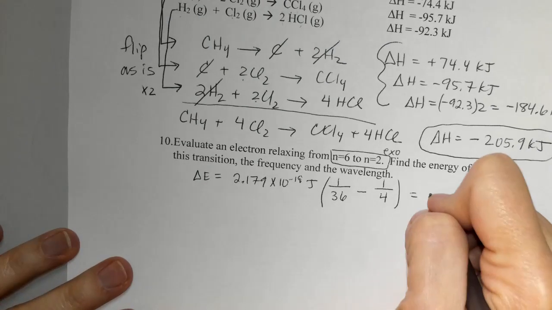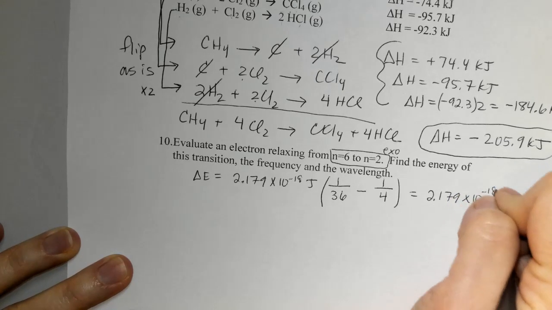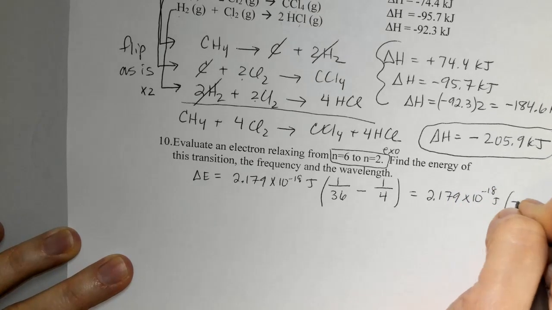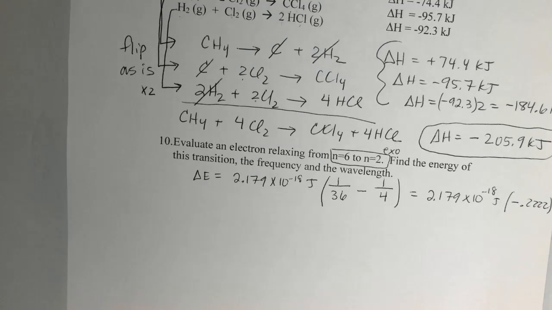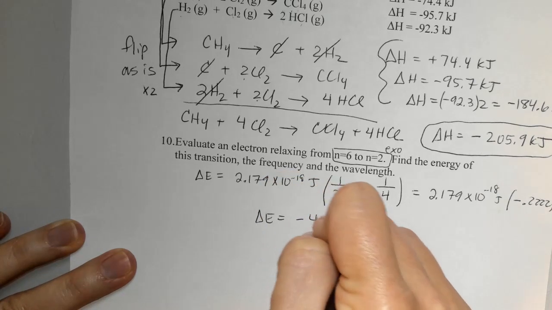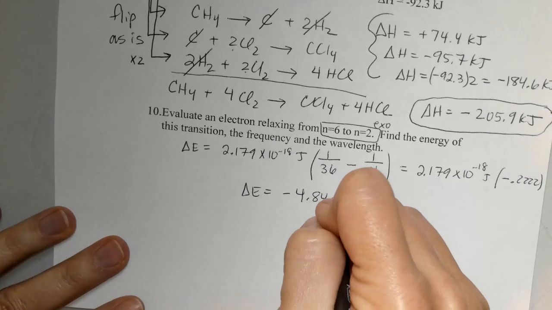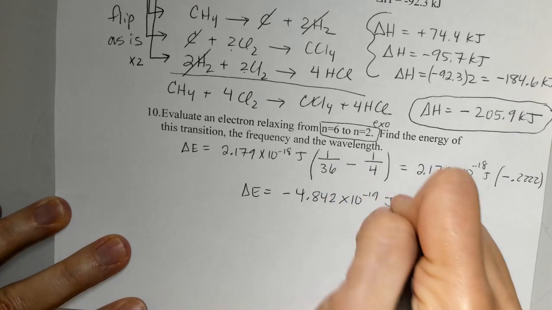So I get my 2.179 times 10 to the negative 18 joules times negative 0.22222 repeating. So when I multiply by 2.179 times 10 to the negative 18, all right, the change in energy for that transition is negative 4.842 times 10 to the negative 19 joules.